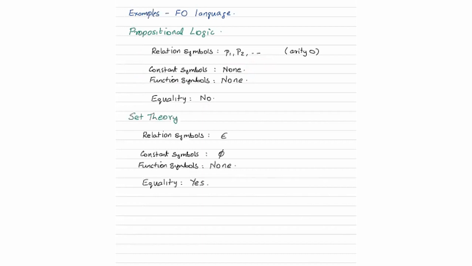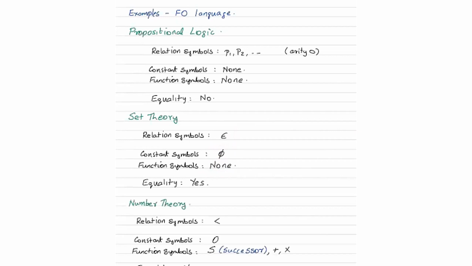What about basic set theory? You would have a relation symbol, which is the element of. And you would have a constant, which is the empty set. Are there function symbols? Well, you don't really need function symbols. Equality, typically, yes, you would have equality.